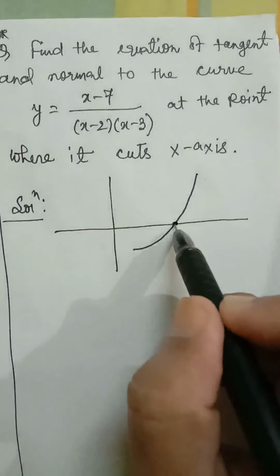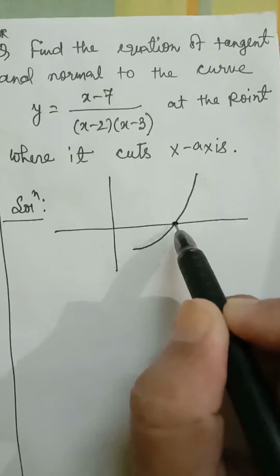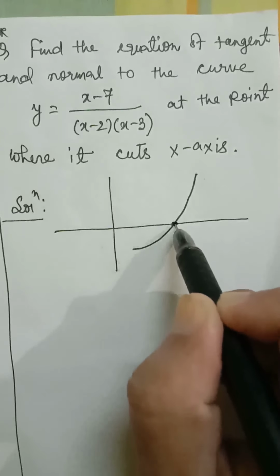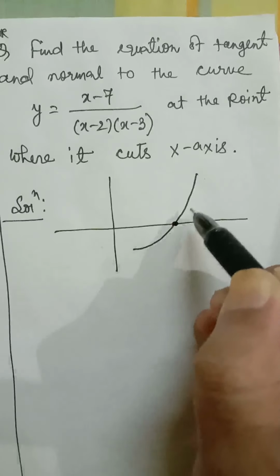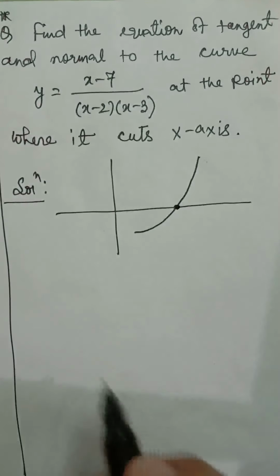First of all, you have to find the point where the curve crosses x-axis. How to find? Now, for any point on x-axis, we know the y coordinate is 0. For the point where the curve crosses x-axis, at this point the y coordinate will be 0.